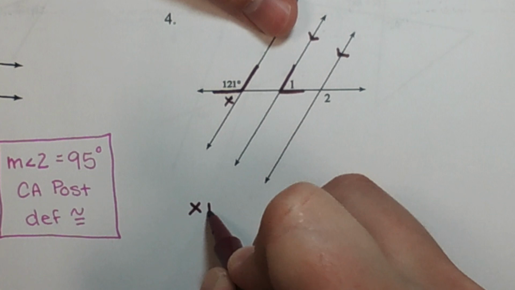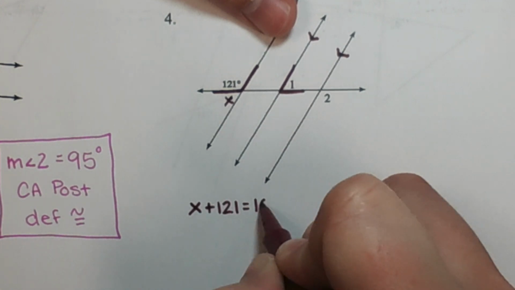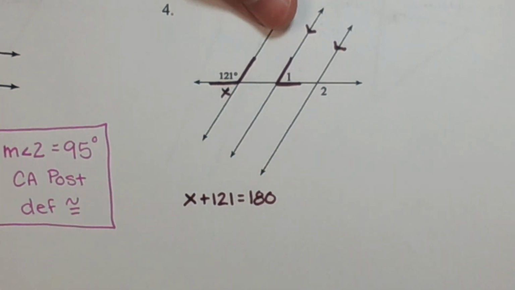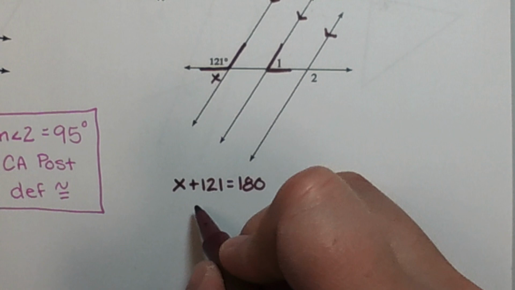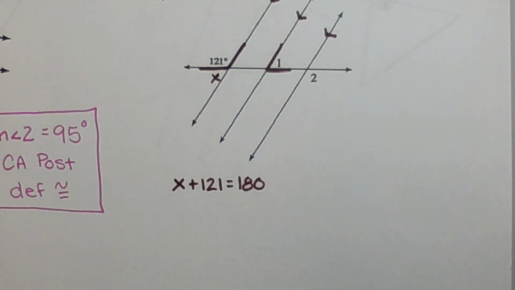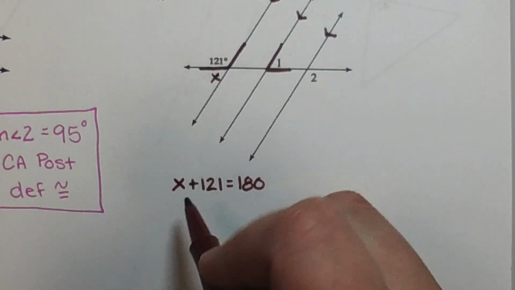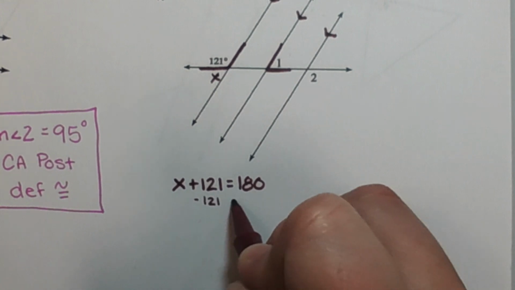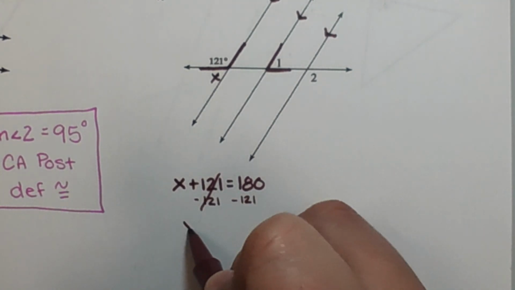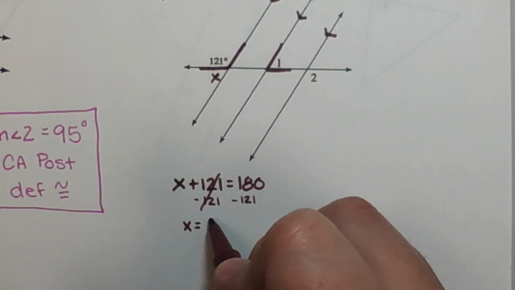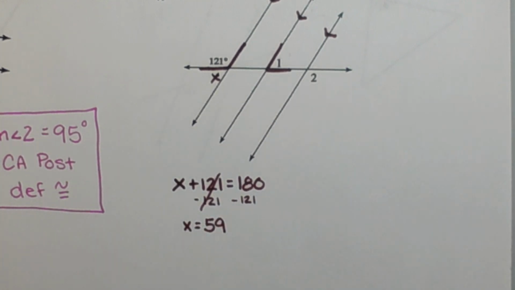And I know that then x plus 121 equals 180. Now, many of you would probably have just done 180 minus 121, and I'm okay with that. But I'm doing this for the sake of those who aren't necessarily seeing this, for those who struggle to figure out what to do next. Subtract that, and I get that x is a 59-degree angle.